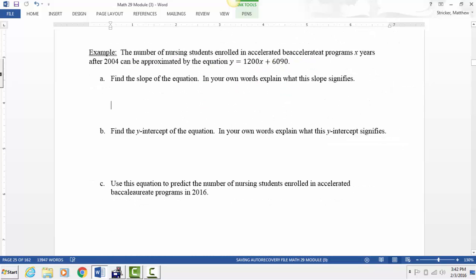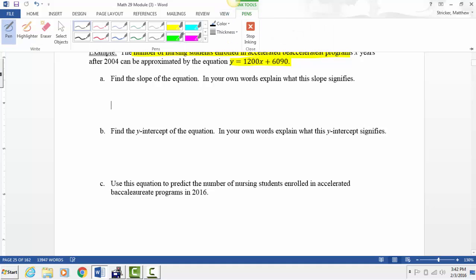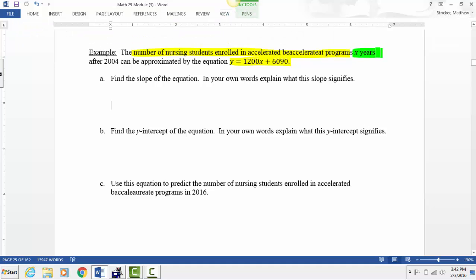Let's look at one more. So this one says the number of nursing students enrolled in an accelerated baccalaureate program x years after 2004 can be approximated by the equation y equals 1200x plus 6090. So this equation tells the number of nursing students enrolled, and x is the years after 2004.